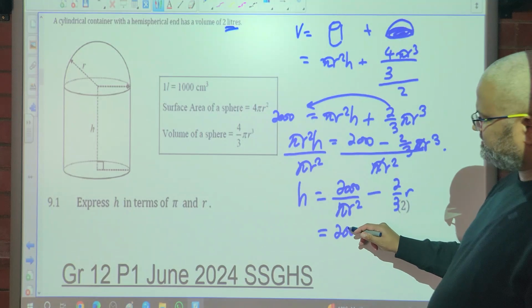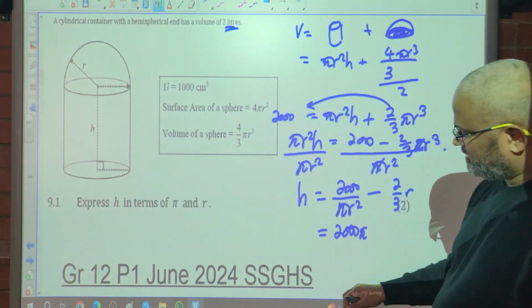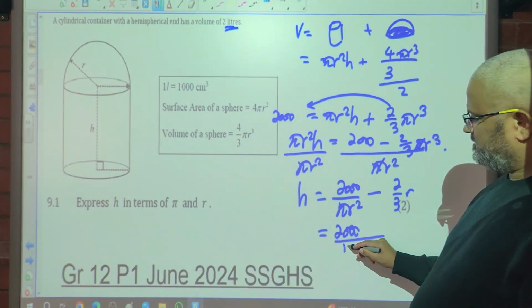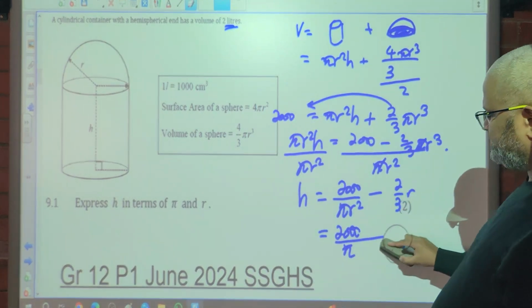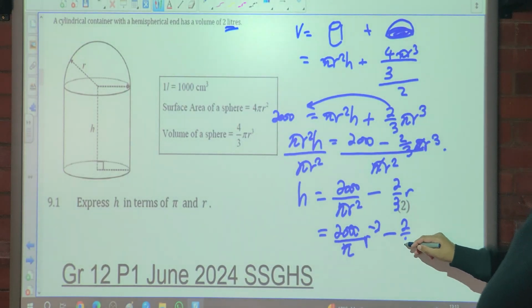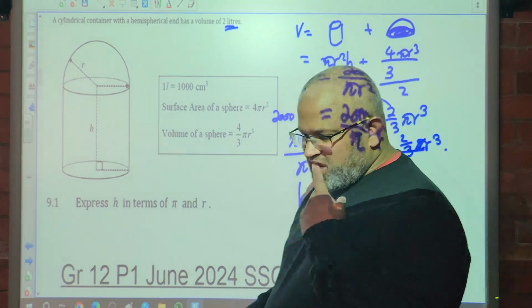which then gives me 2000 over pi, and r to the minus 2. Let's just bring that up just in case I need to take the derivative.